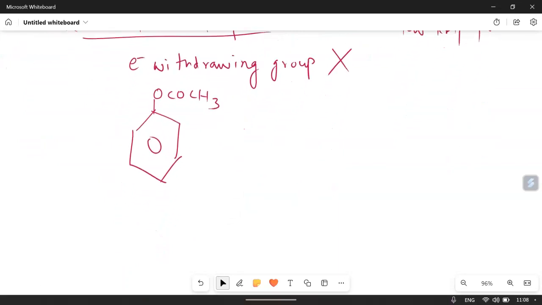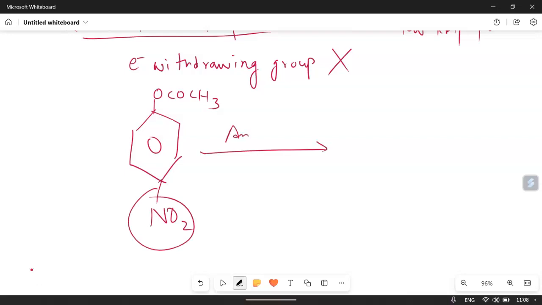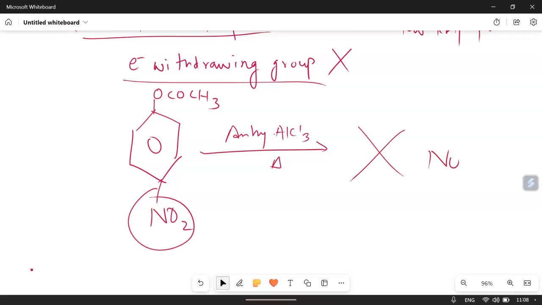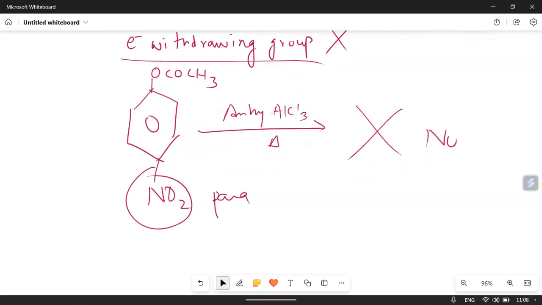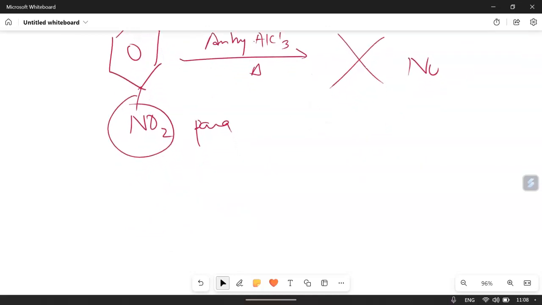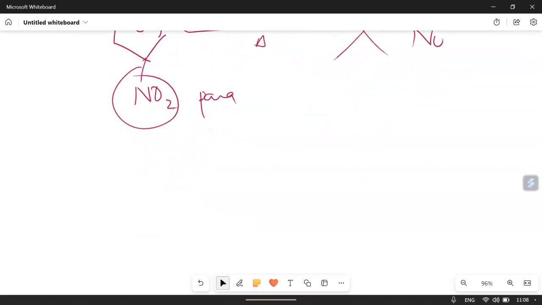But there is a presence of NO2 here already. So this is an electron withdrawing group. So in the presence of anhydrous AlCl3, by heating, it will go no reaction because of the presence of the electron withdrawing group at para position. You must remember that. I hope you are able to understand. We can go through some other examples also.